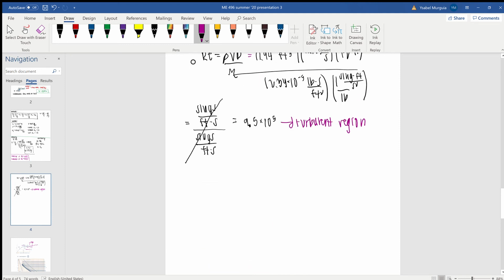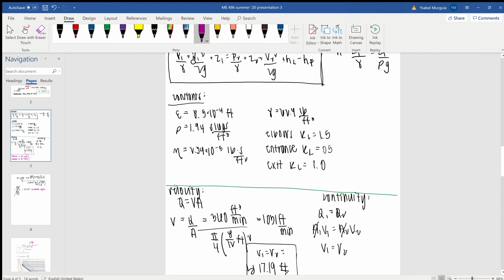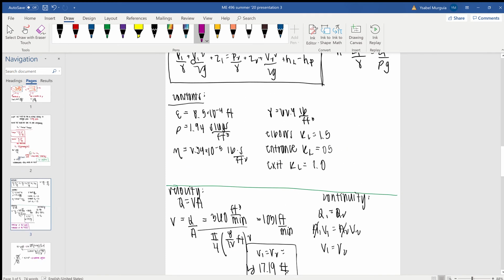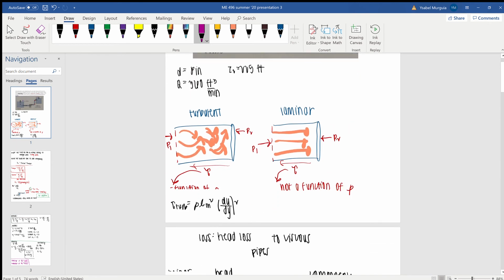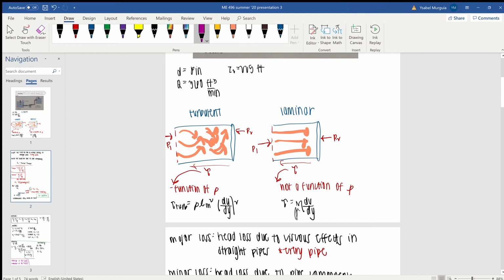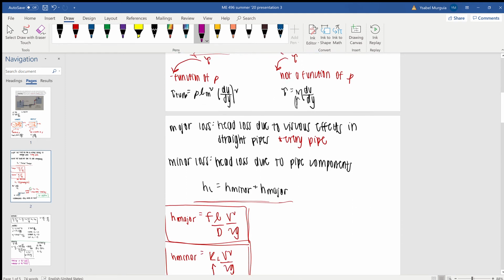Okay, so from this Reynolds number, being that this is turbulent, we will have to calculate a friction factor. This comes into play when we calculate the major losses, because major loss has some friction going on.